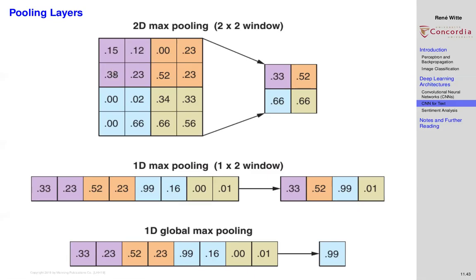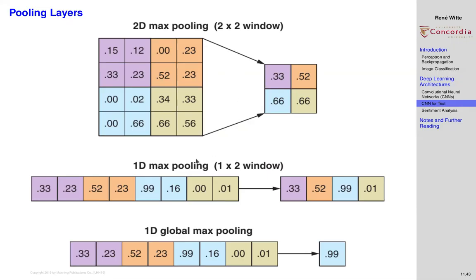So in here, the maximum is 0.33, so we get 0.33 here. In this 2x2 window, the maximum is 0.66. And so on. So we get a 2x2 output using the max operation. And the second way of doing it is doing an average. So you could take all the values here, compute the average, and then put the average result in here.